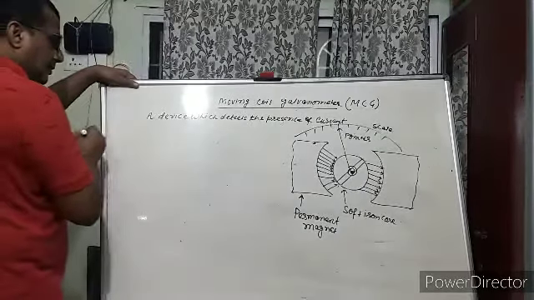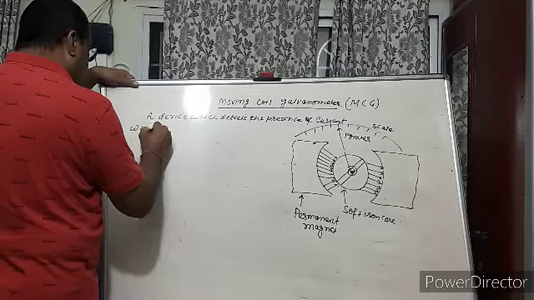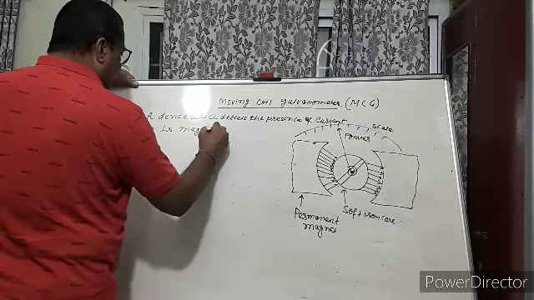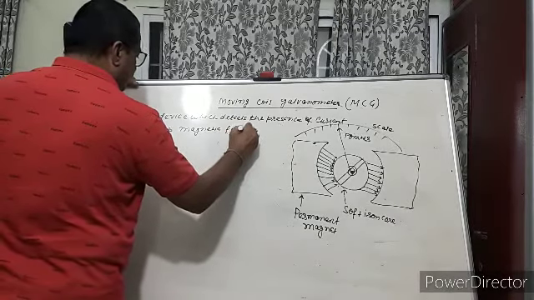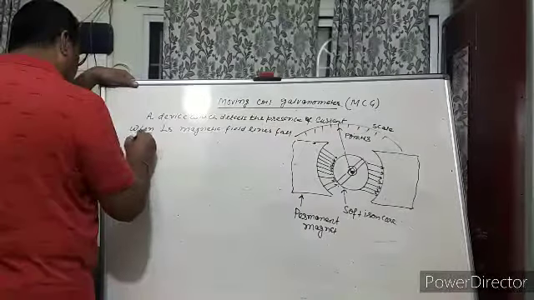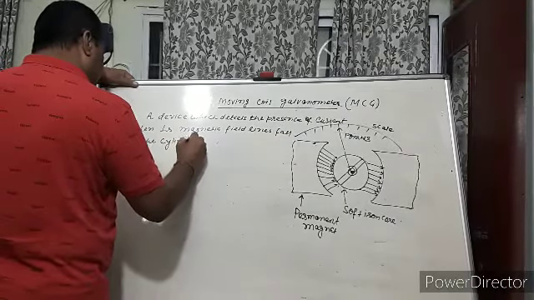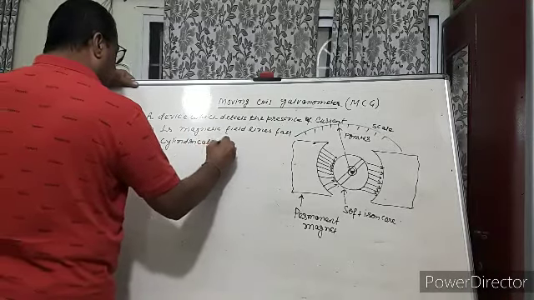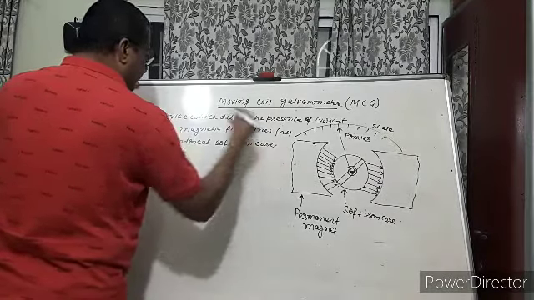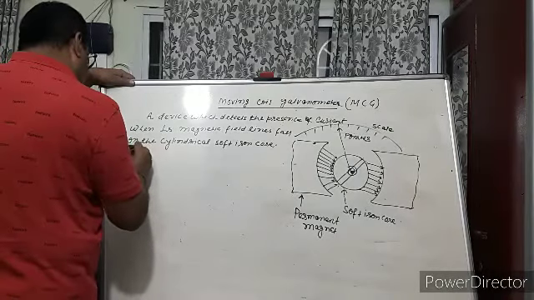So when perpendicular magnetic field lines fall on the cylindrical soft iron core, then torque will be produced.